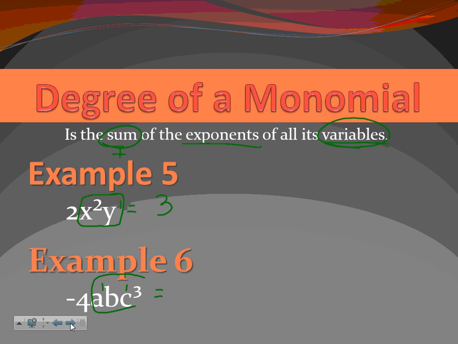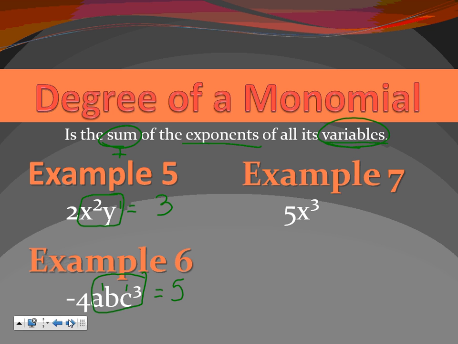And if you add the exponents of the variables, you get 5. I thought we were supposed to add them. There ain't nothing else to add. So if it's just that one variable, then it's just that exponent. It has a degree of 3.